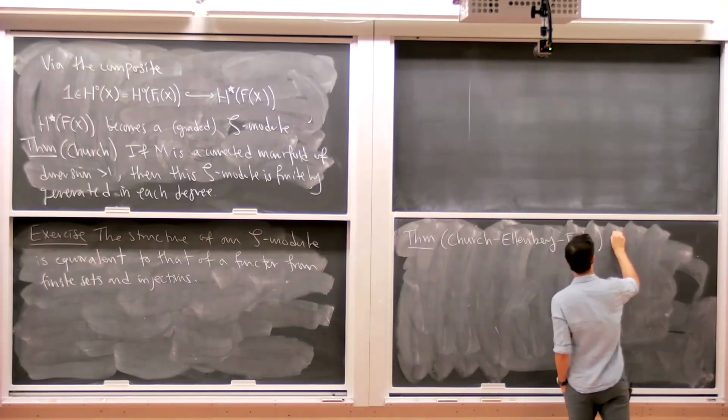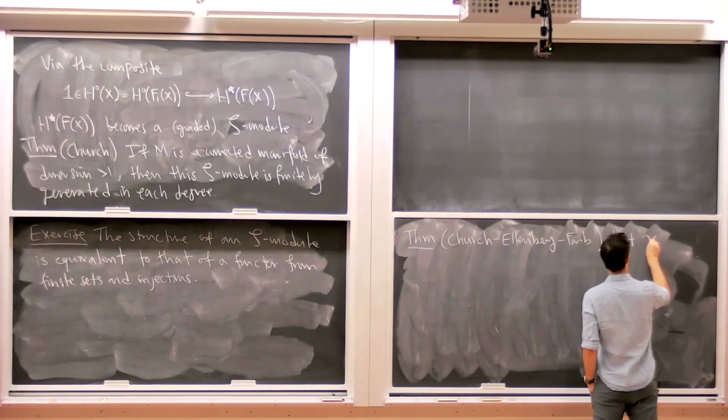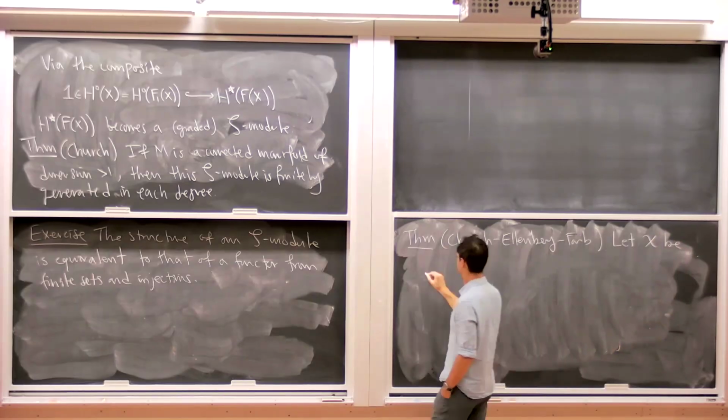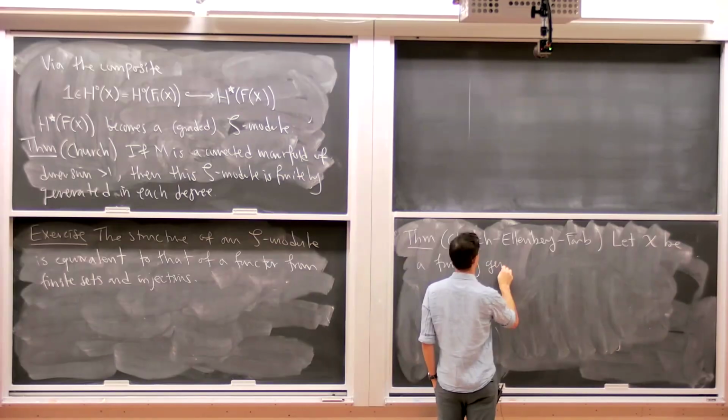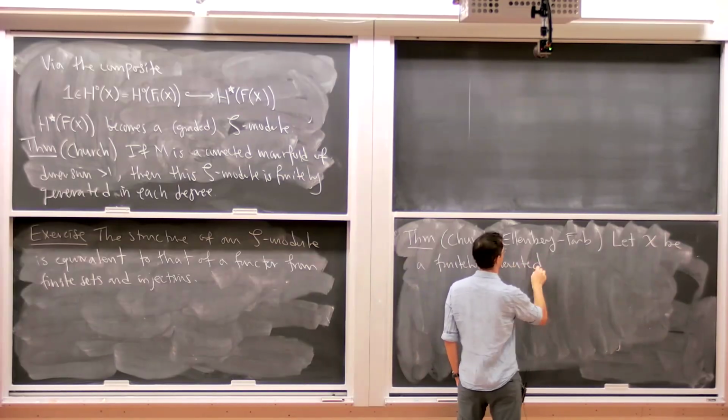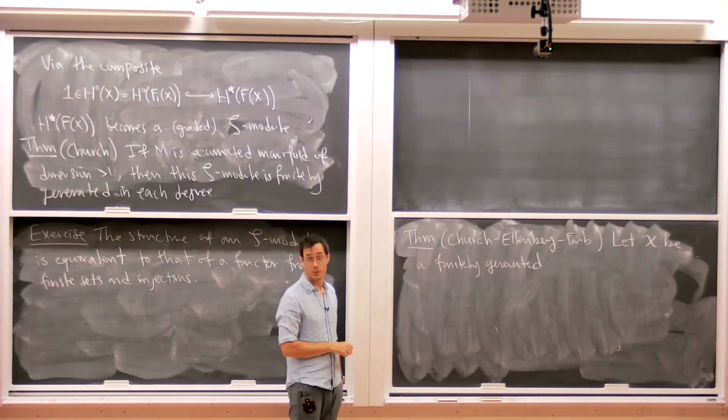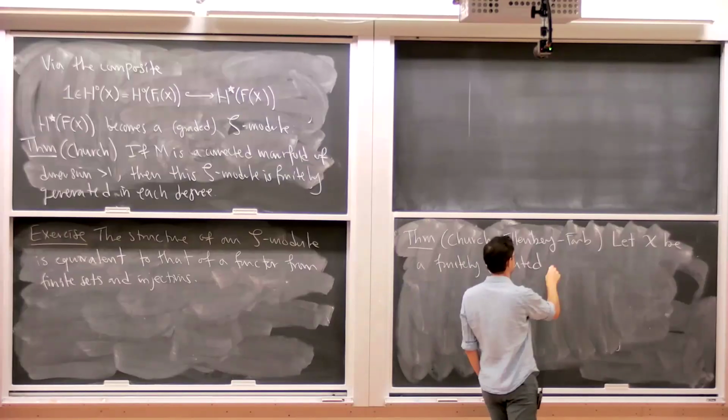Let's say we have a finitely generated S module, so a finitely generated module over this sort of twisted polynomial ring on one generator.